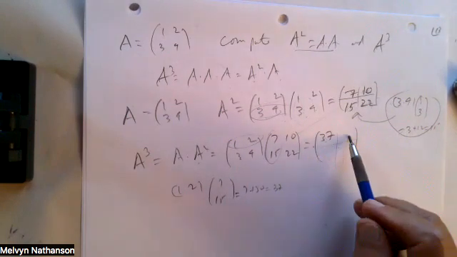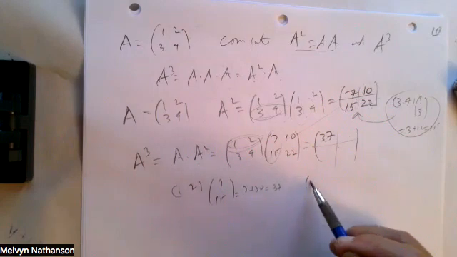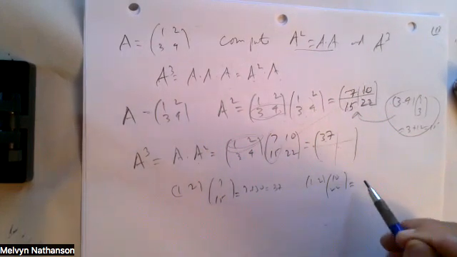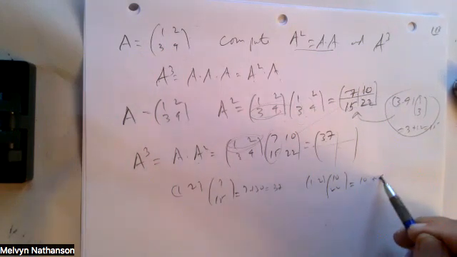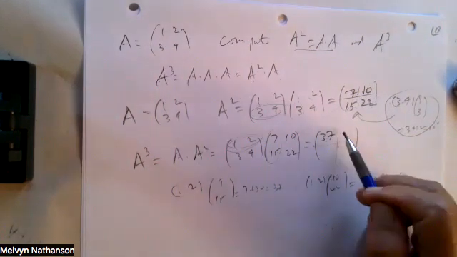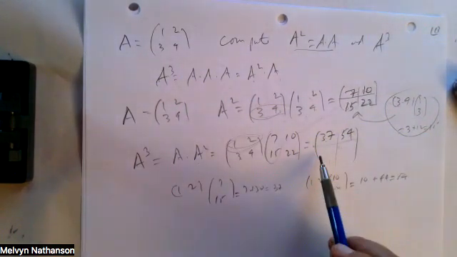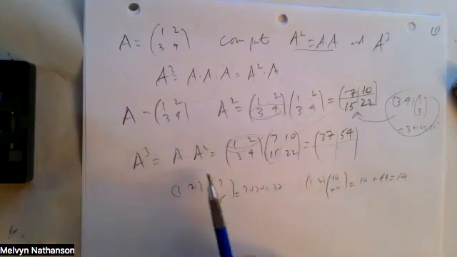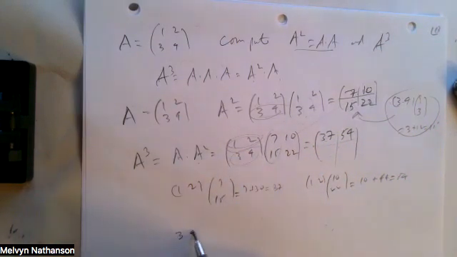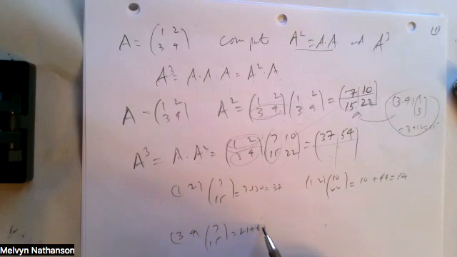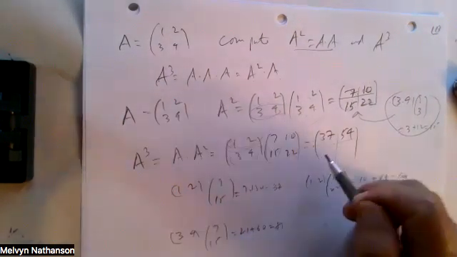First row, second column, take the first row of A, second column of A squared, that's 10 plus 44 is 54. Second row, first column, take the second row of A and the first column of A squared, that's 21 plus 60 is 81.